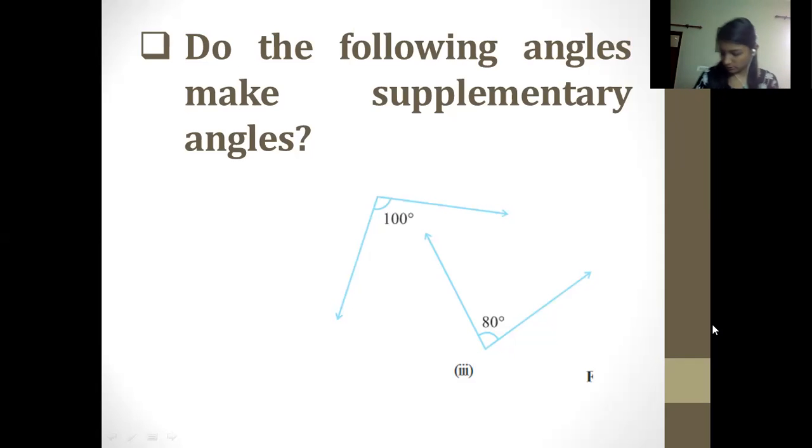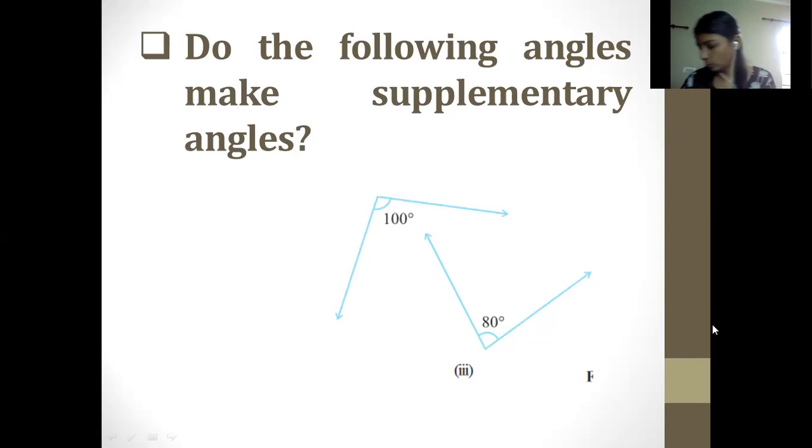So now students, do the following question. I'm giving you a few seconds to solve this question and check whether they are making supplementary angles or not. One angle is 100 degrees and another is 80 degrees. What is the sum of 100 and 80? 180 degrees, yes, right.